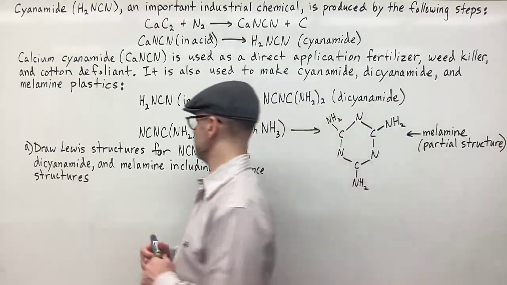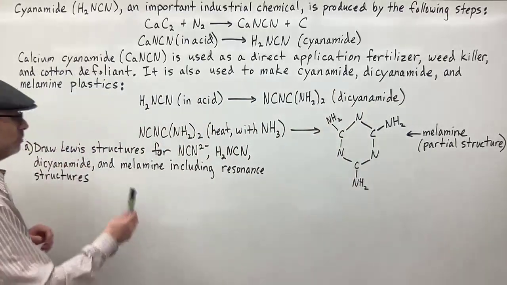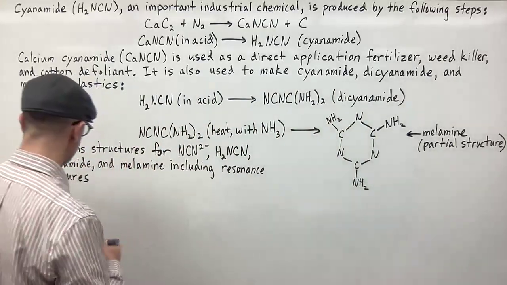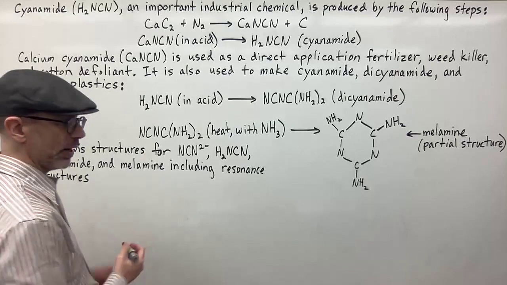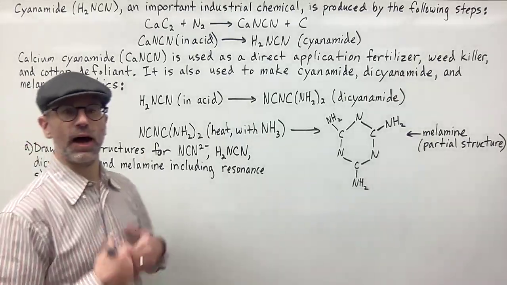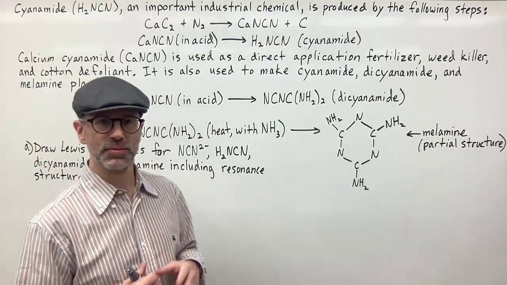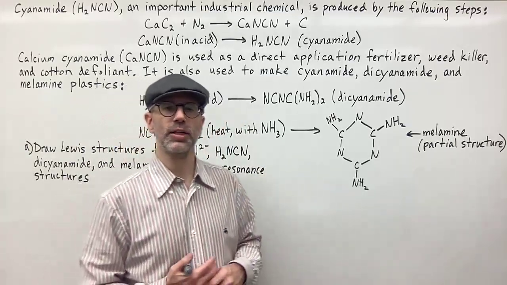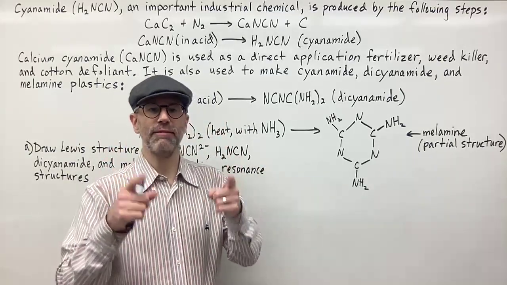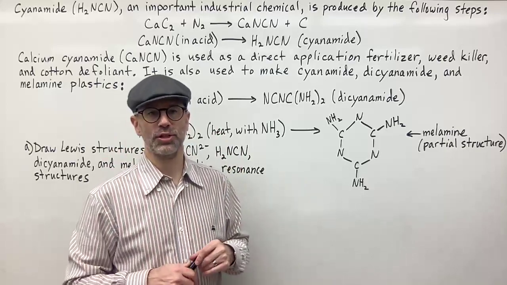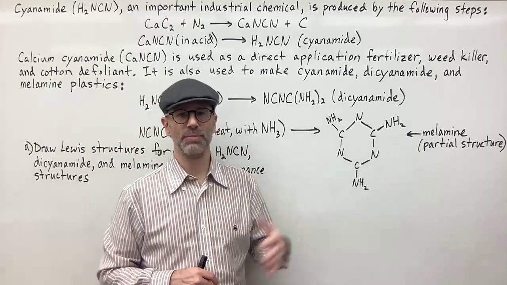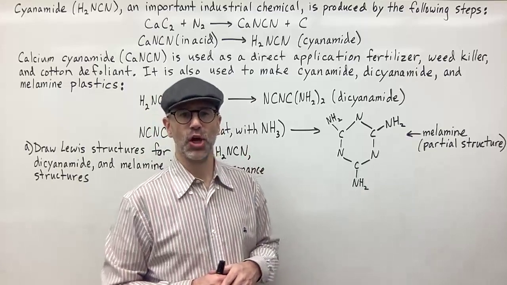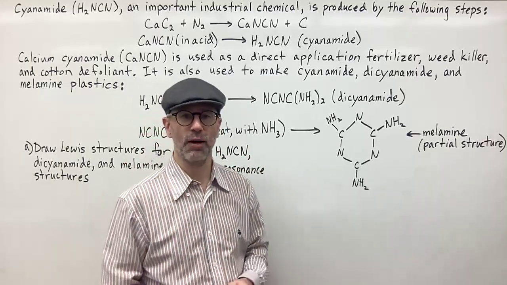Let's go ahead and start with NCN2-. Whenever you're writing Lewis dot structures, follow the steps. If you don't know what the steps are, I'll go through them relatively quickly, but see my video on how to draw Lewis dot structures, where I go through all the steps. I go through a lot of examples, so that video is going to be very helpful.